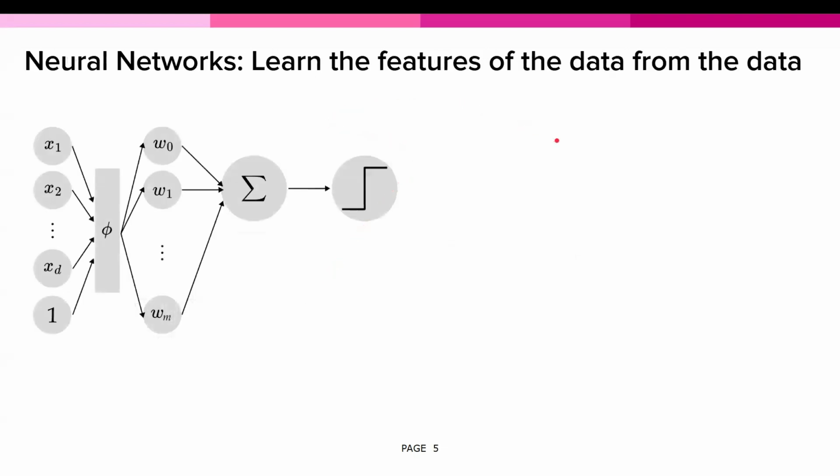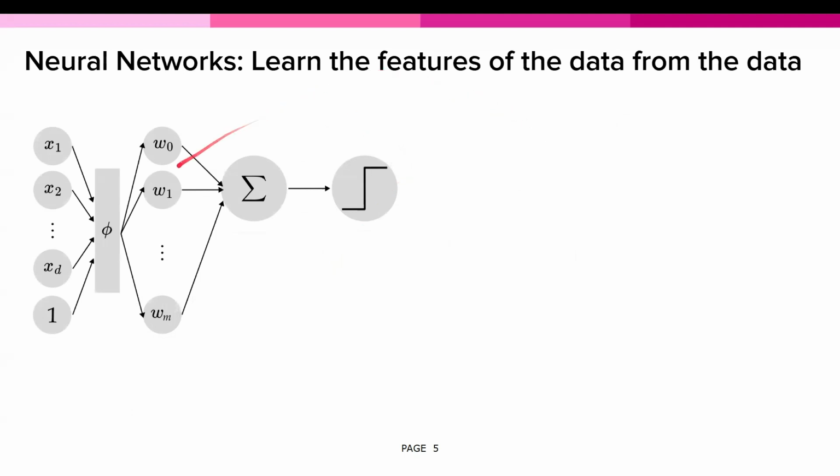And so this problem, where we don't know what the features should be a priori, or we don't want to make a guess, is the motivation behind neural networks.